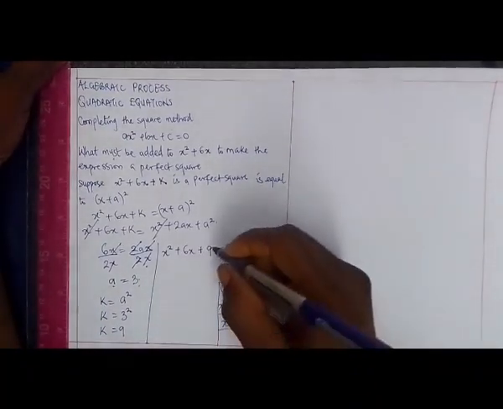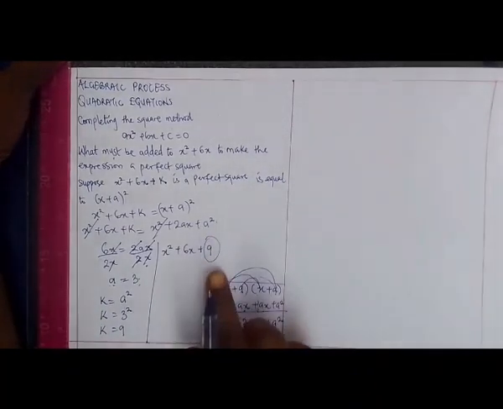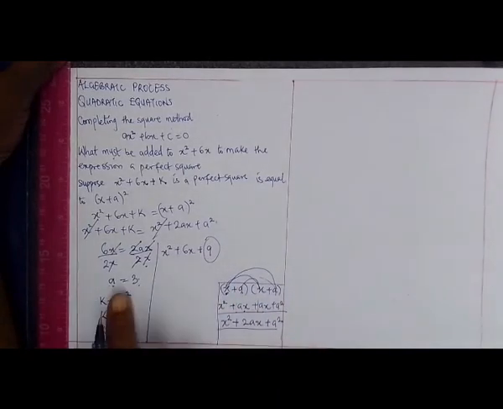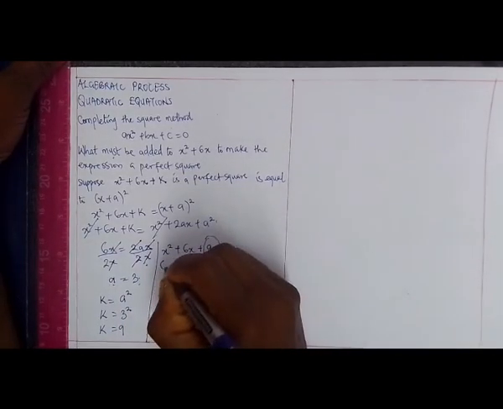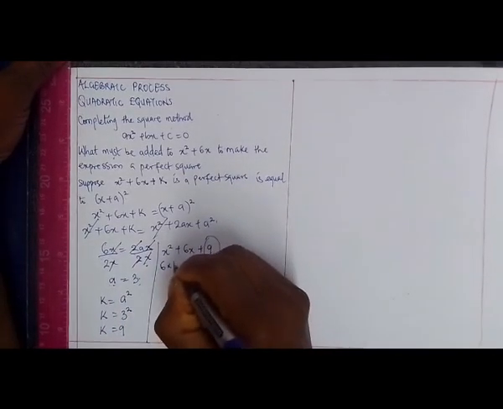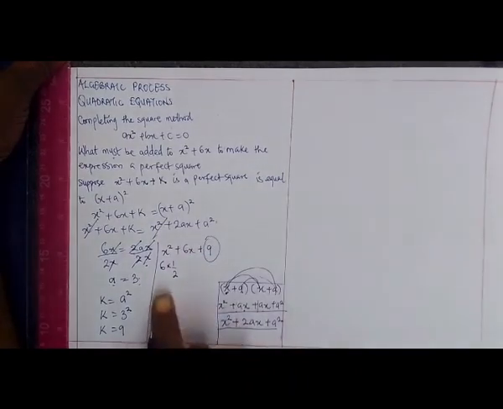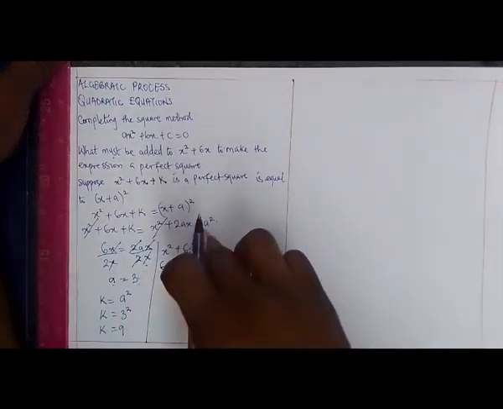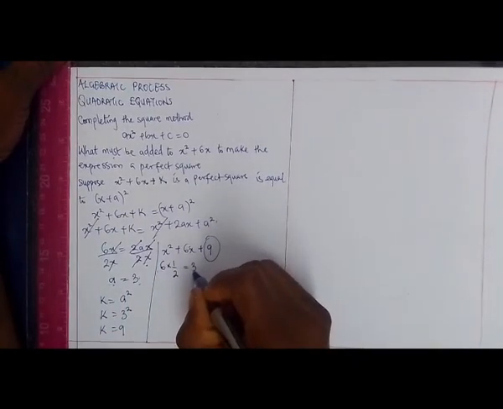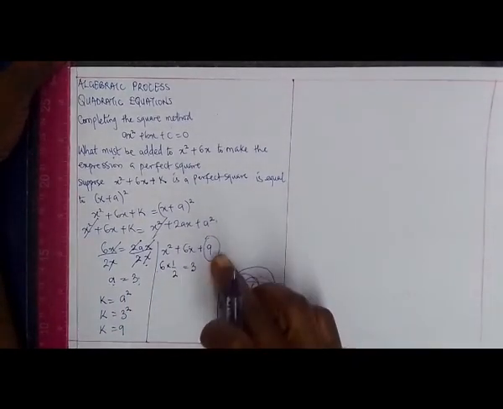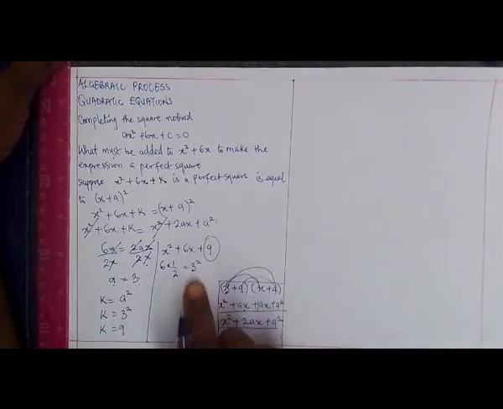How do we know how we found 9? From here, we said 6 divided by 2. 6 divided by 2 is the same thing as 6 times half. That's half of the coefficient of x. Half of the coefficient of x gives us 3. How do we get 9? The square of the 3.